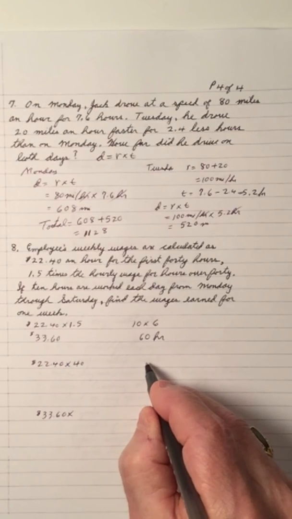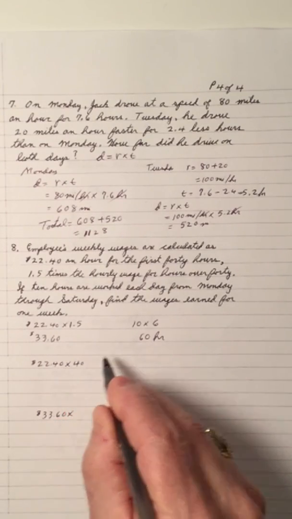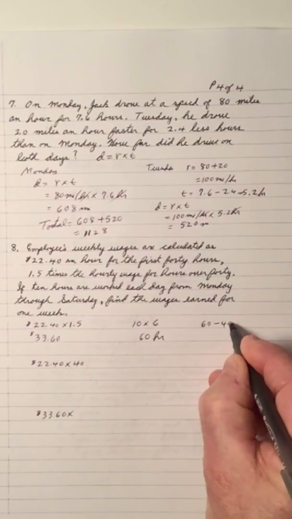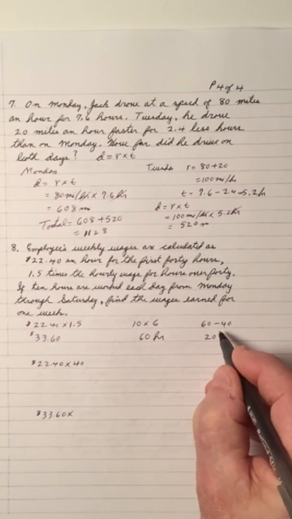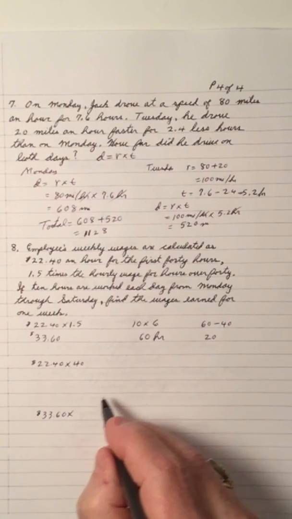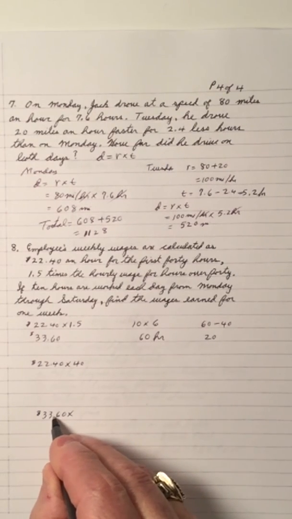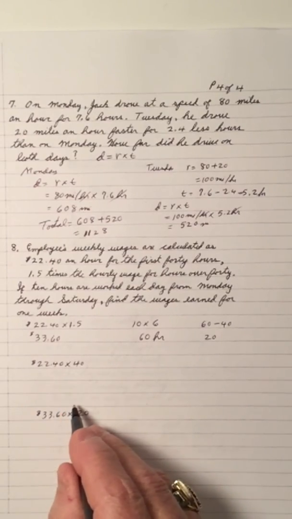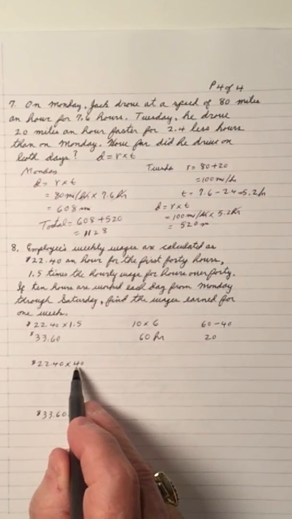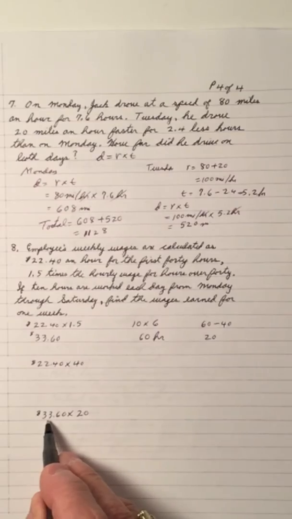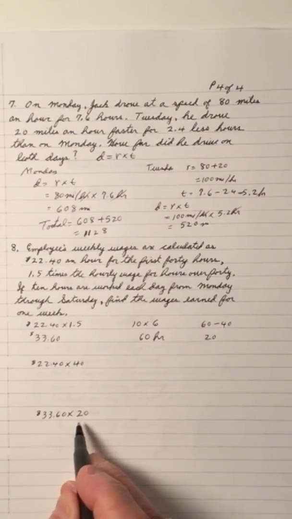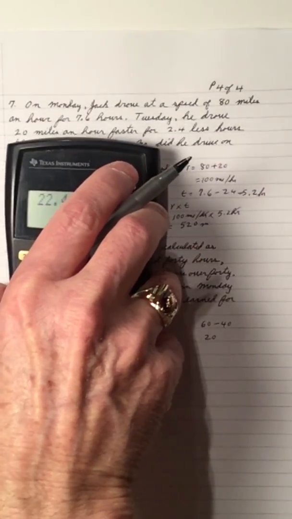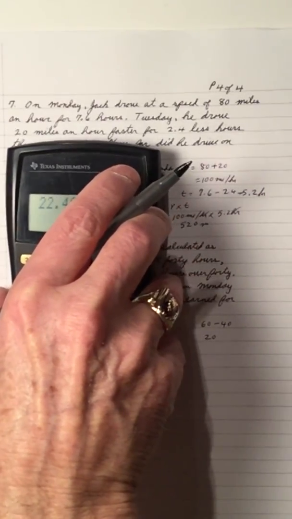So on the first 40, it's right here. That means he worked 60, subtract 40, so he worked 20 hours above the 40. So 22.40 on the 40 hours, 33.60 on the next 20 hours. So if I work that out, I get 22.40 times 40.